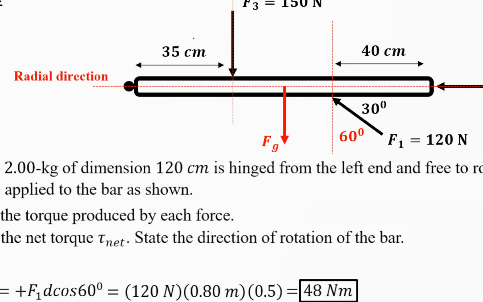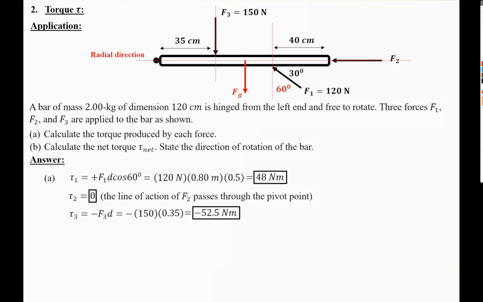Now the pull of gravity would produce a negative torque. Luckily, it lies completely along the tangential direction. The radial direction has been specified, and that would be the tangential. So now it's given by minus F_g D. The pull of gravity is given by mg, and the distance D is 0.6. Then m is 2. We will assume that g is 10 because the number seems to be perfect, and that would be minus 12 newton meters. Then the torque produced by the pull of gravity around this pivot point is minus 12 newton meters.